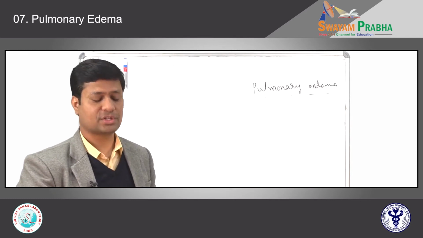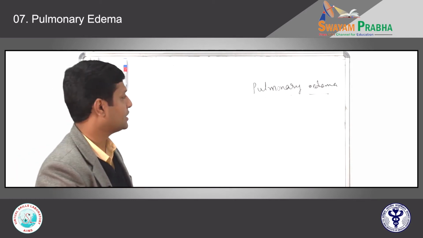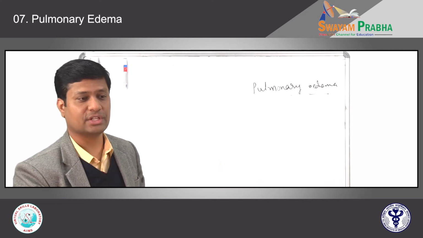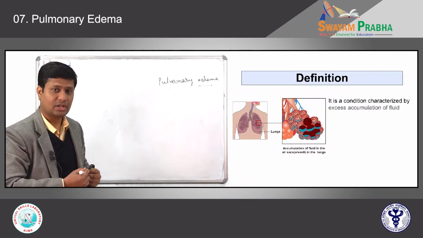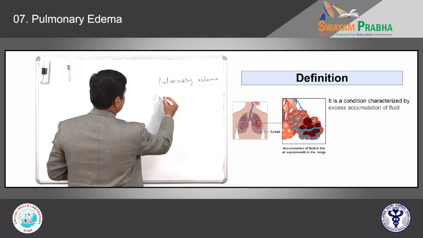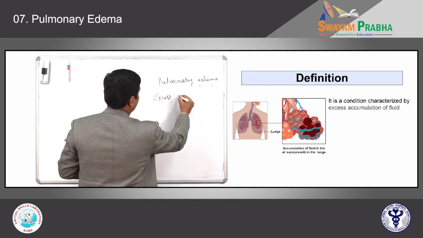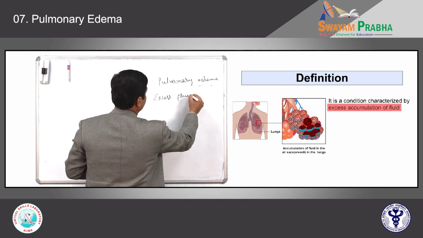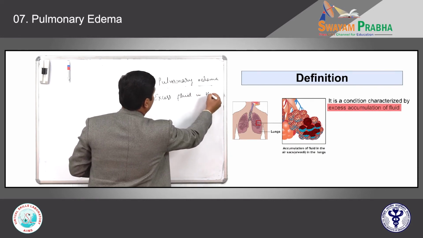So what is the definition of pulmonary edema? It is a condition characterized by accumulation of excess fluid. All of you should remember, accumulation of excess fluid in the alveoli.